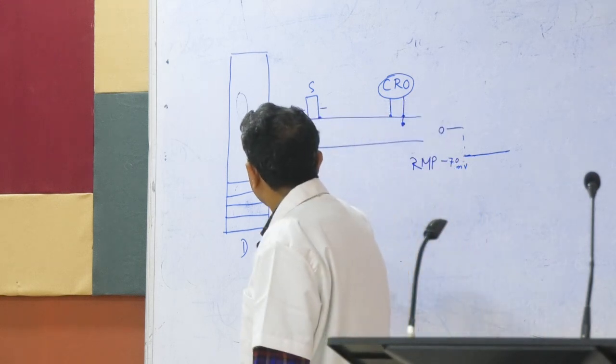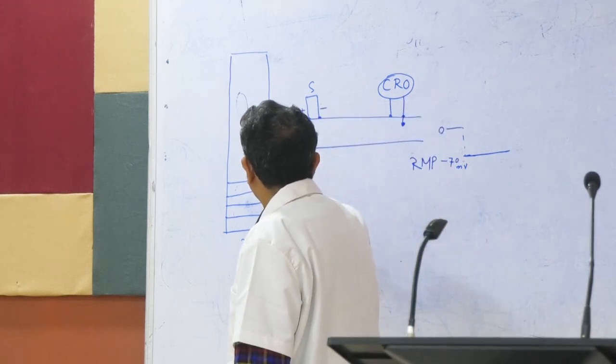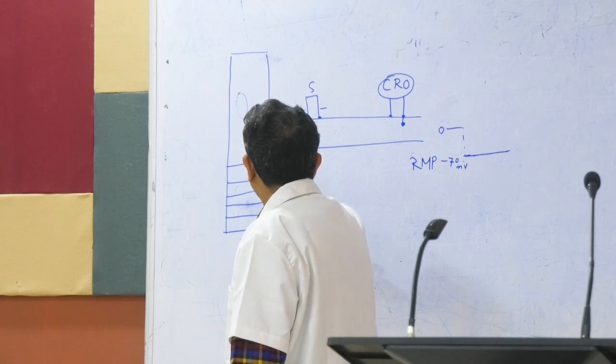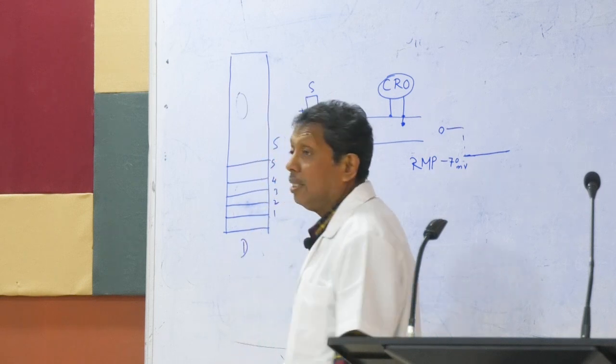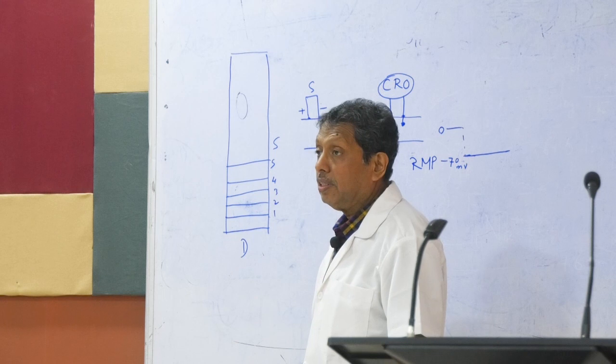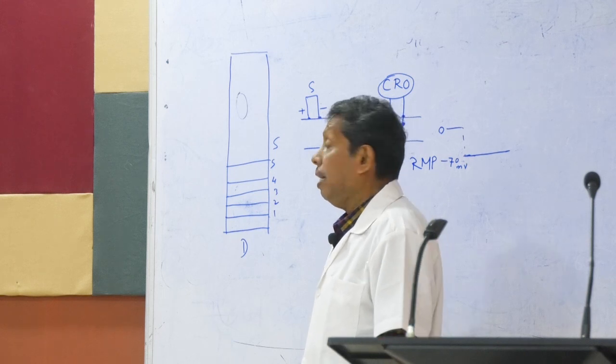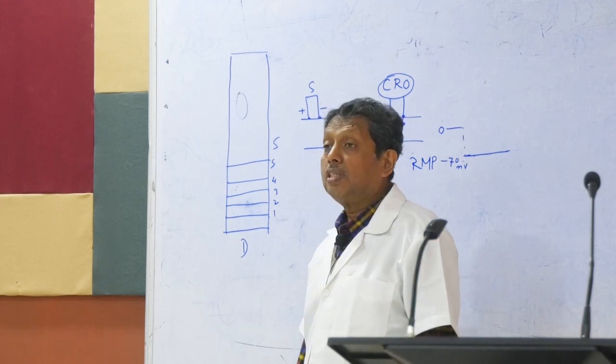But as you go on increasing it, 1, 2, 3, 4, to a high position, the strength increases while the duration remains fixed, and then a sequence of potential change will develop.